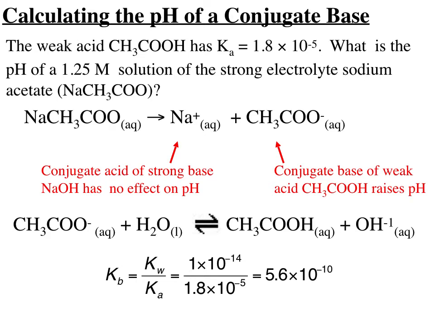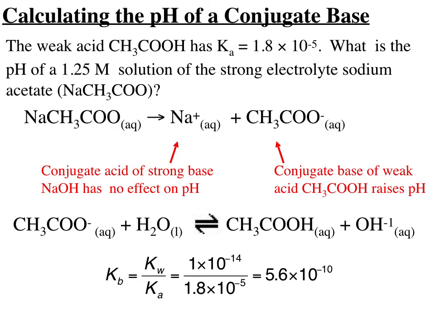So in today's lab, I'm going to throw some sodium acetate into water. Because sodium acetate is a strong electrolyte, it will completely dissociate, as I'm indicating with an arrow pointing in one direction. The sodium acetate in solution dissociates into sodium cations and acetate anions.